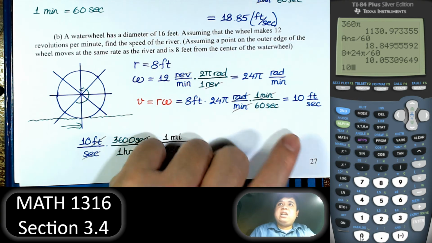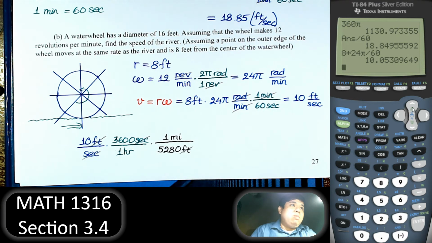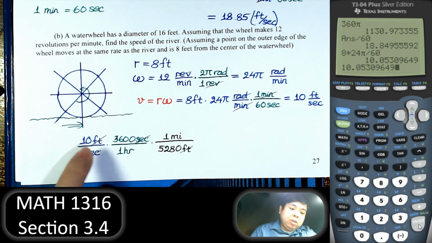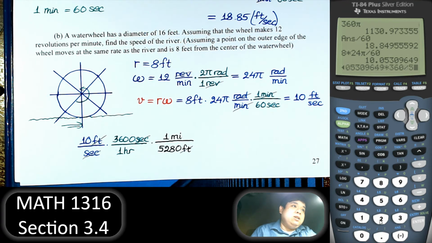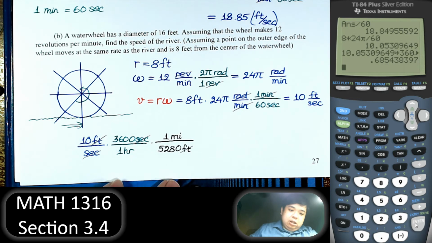It's not exactly 10, so let's use that number instead. Times 3600 divided by 5280. Did I... 3600?